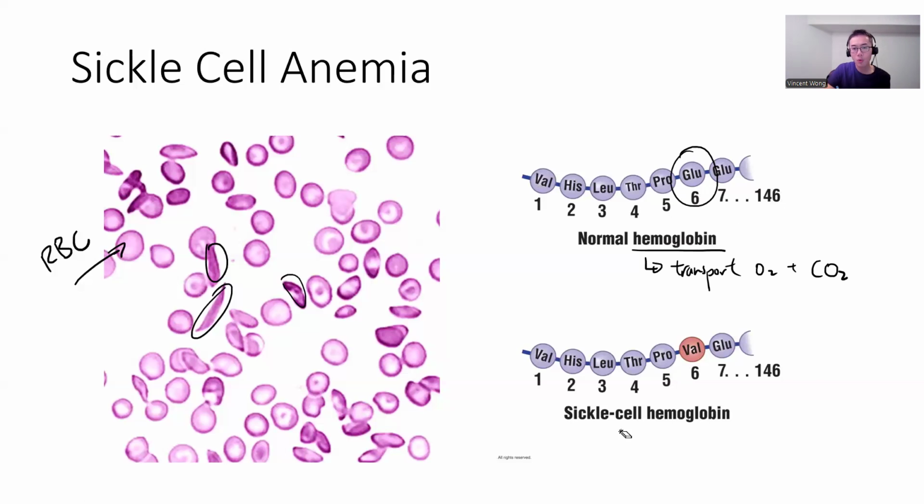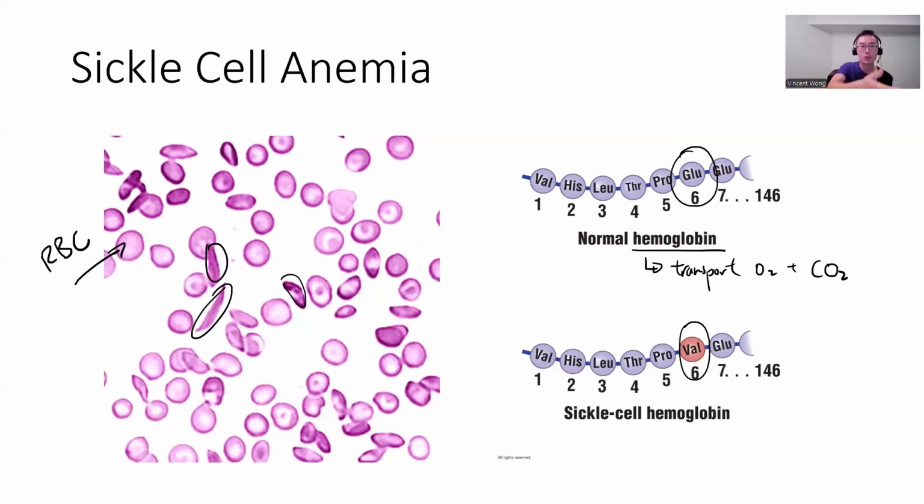But for people who have sickle cell anemia, the instruction to make the protein, the DNA is the instruction, right? So there is a mutation in DNA which caused the instruction to be incorrect. And when the body tries to make the hemoglobin, at number 6, instead of putting the glutamic acid, they put valine instead. And that causes the hemoglobin to have a different shape, a different conformation.